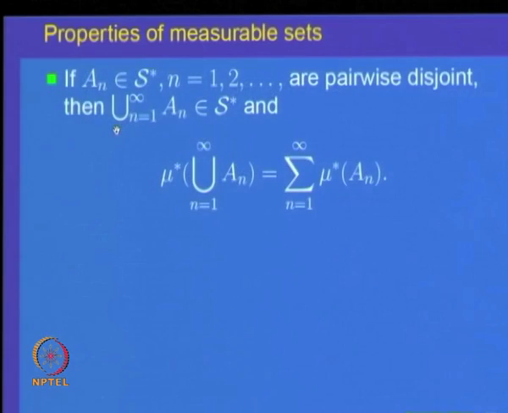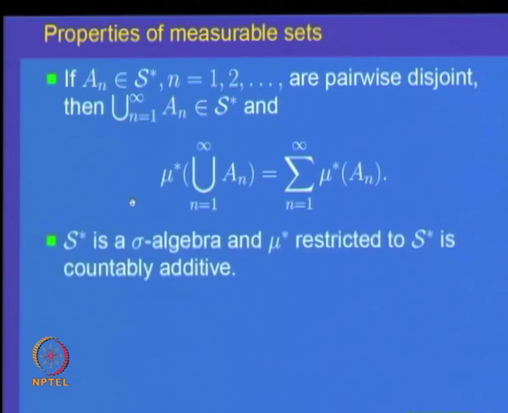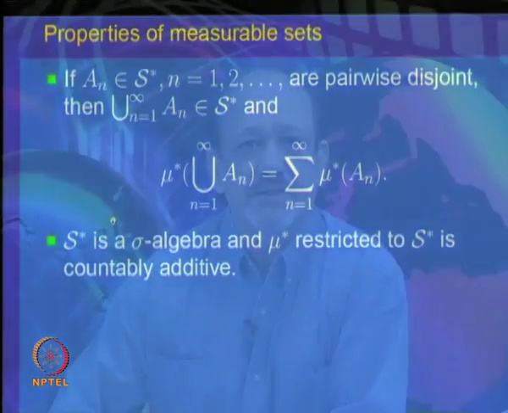So, what we have done till now is we have shown that, as a consequence of all these properties, S star, the class of all measurable sets, is a sigma algebra of subsets of X, and mu star on this is countably additive.